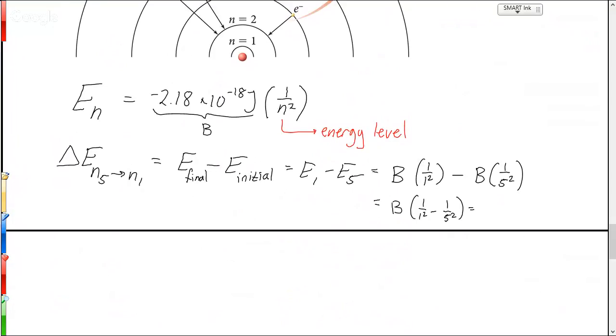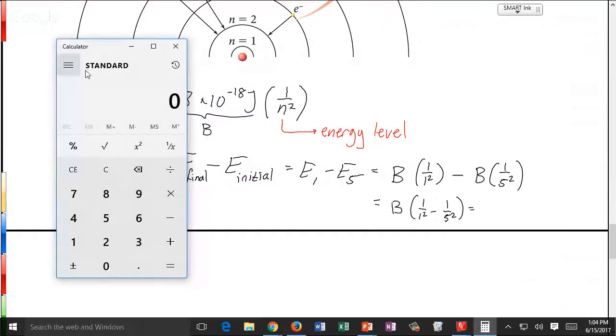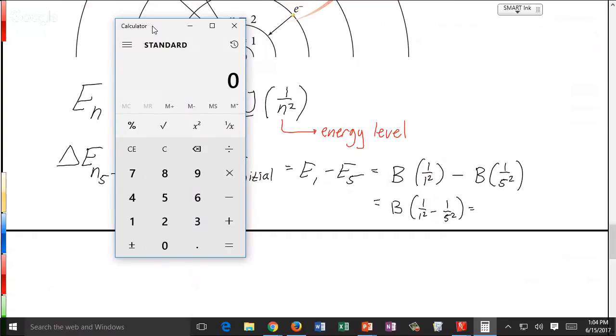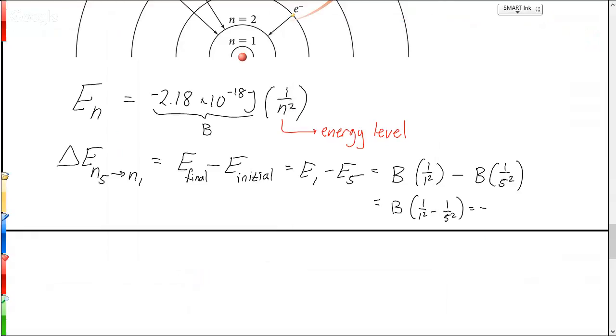So let's solve that. One over 1 squared is, of course, 1. 1 over 5 squared would be 1 divided by 25, so 0.04. So 1 minus 0.04 is 0.96. And we multiply that by Bohr's constant here, and we get 2.09, or it's negative, so negative 2.09 times 10 to the minus 18th joules.